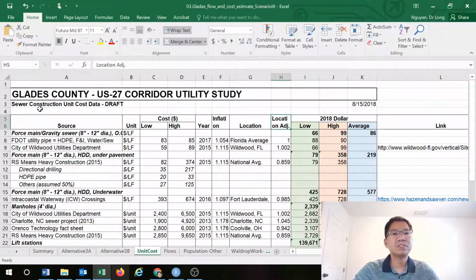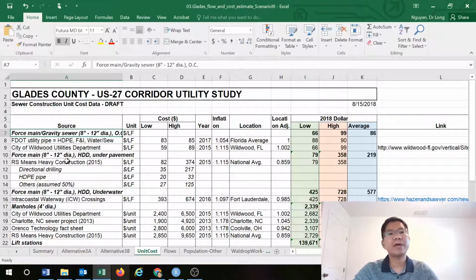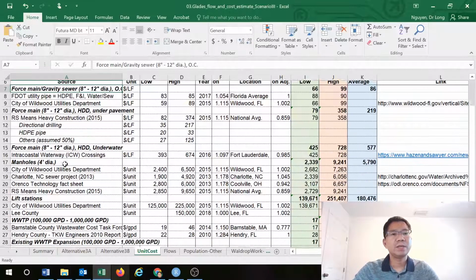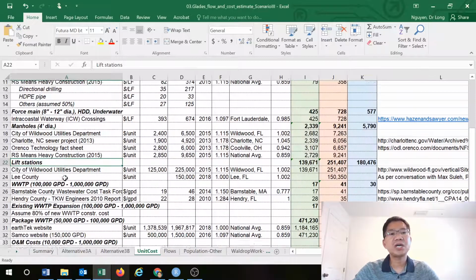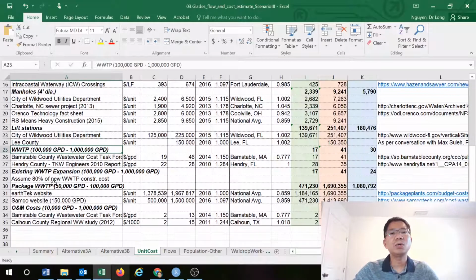As you can see, for example, force mains that carry the wastewater, manholes, lift stations, and wastewater treatment with different capacities. Then what about the existing wastewater treatment plant and its expansion? They currently have an existing plant, and can we operate that?